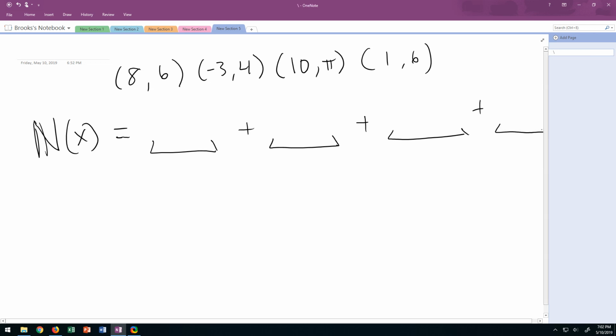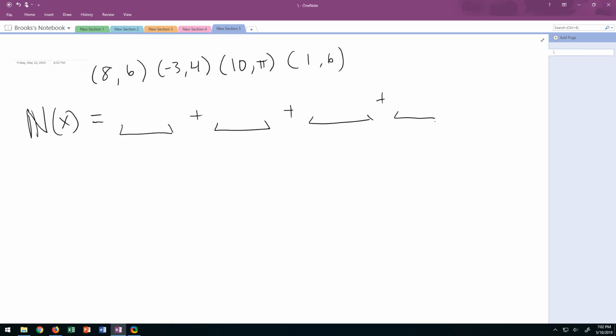And we can easily construct these summand polynomials as we have in the past. So the first summand polynomial, which I'll call f sub 1 of x, I need it to have zeros at 3, negative 3, 10 and at 1, with a value at 8. So I put x minus 1, x plus 3 for the negative 3, and x minus 10.